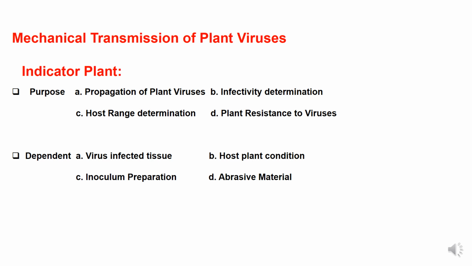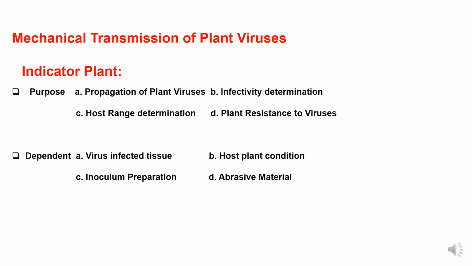However, this method is dependent upon the condition of the tissue from where the virus is going to be taken. Similarly, the condition of the host from where this infected tissue is taken, how the inoculum is prepared, and also the abrasive material.